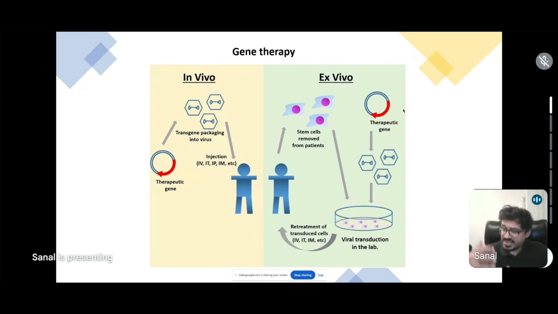And these transduced cells from the patients are now infused back into the patient. So essentially, you are taking cells from the patient, replacing the gene, altering the gene, or putting in a totally new gene, and the changed cells are selected and put back into the patient. That is ex vivo gene therapy.